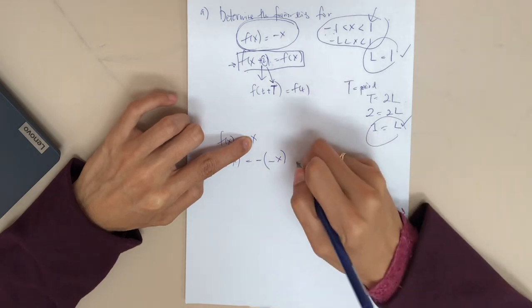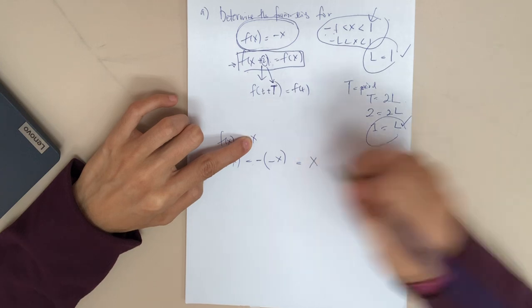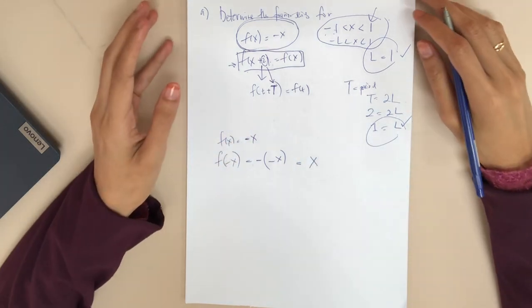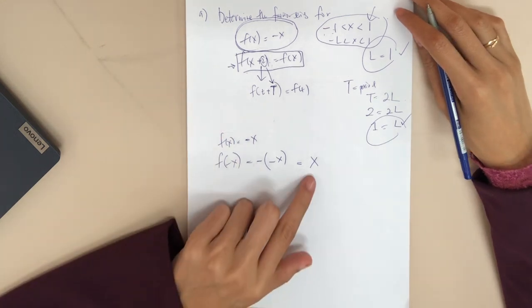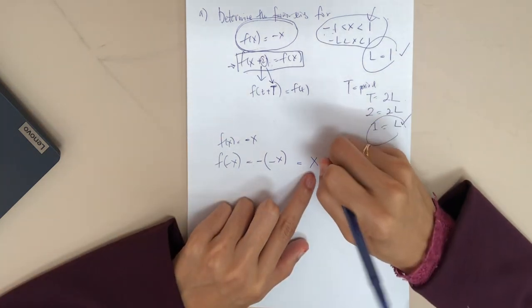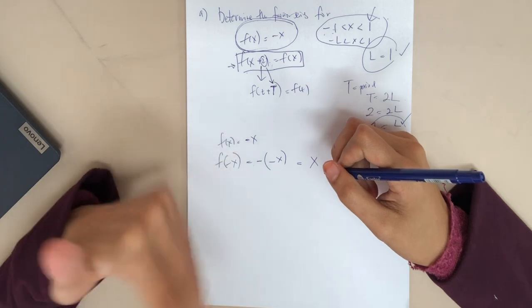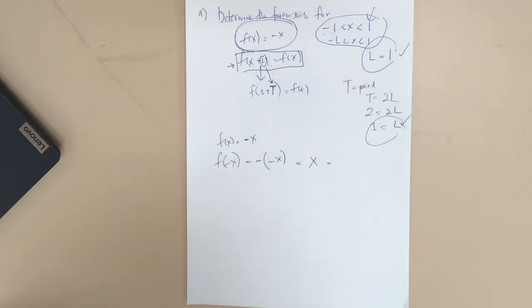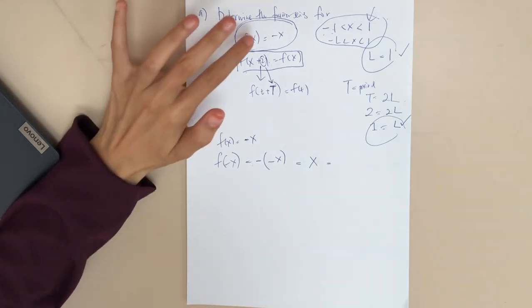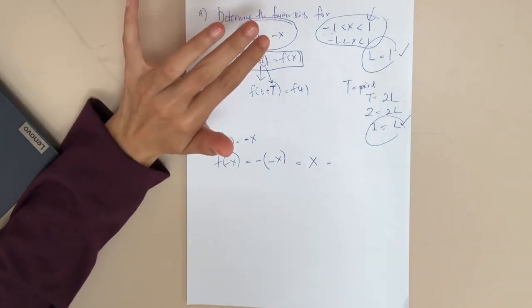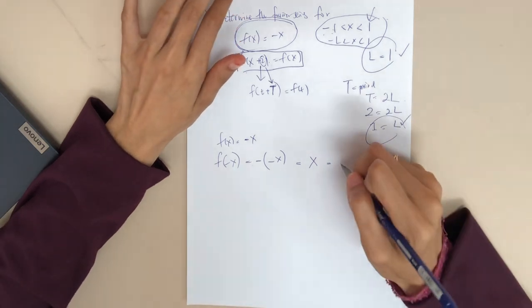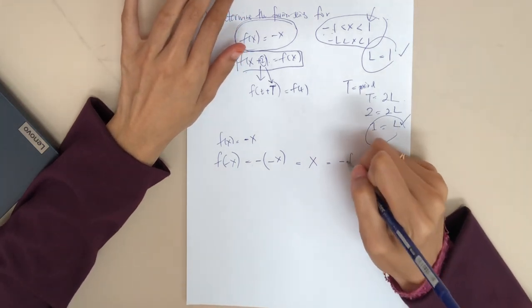Then it will be positive x. So if you want to relate it back to your f(x), what was your f(x) earlier? Your f(x) is negative x. So therefore it will be negative f(x).